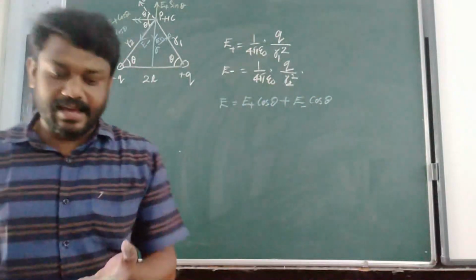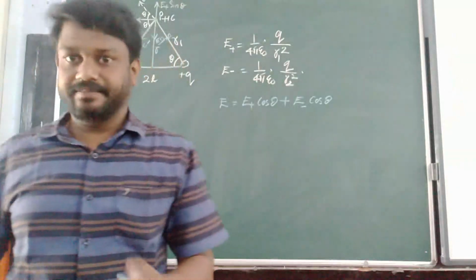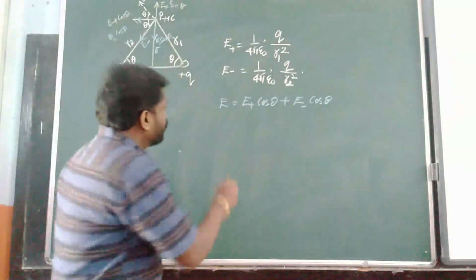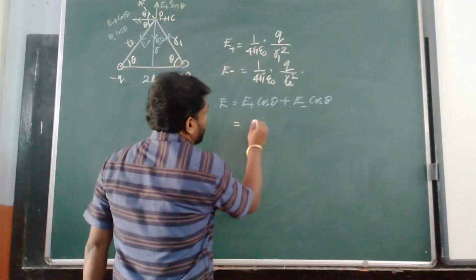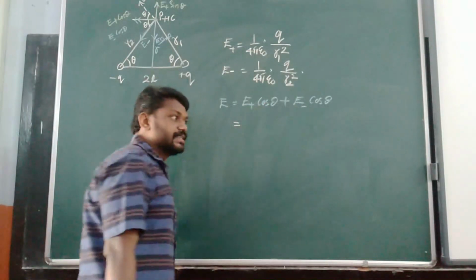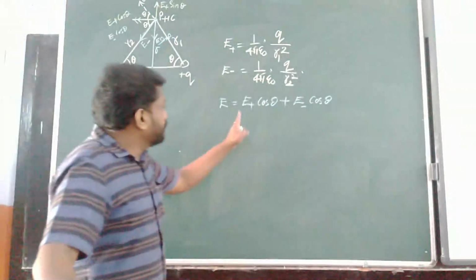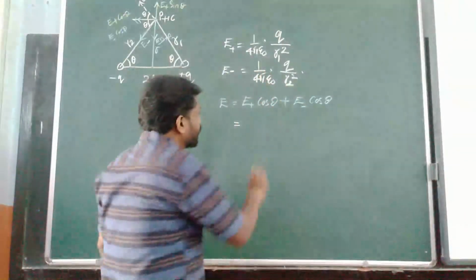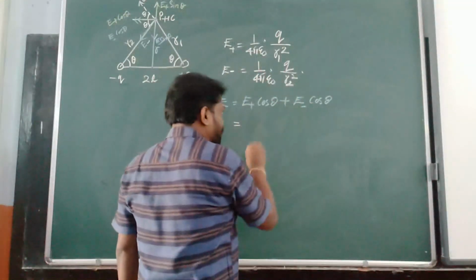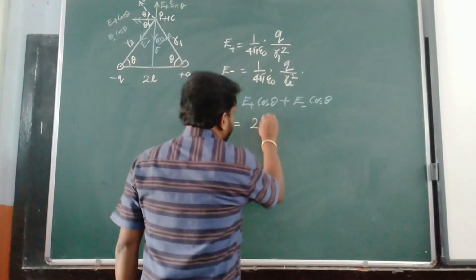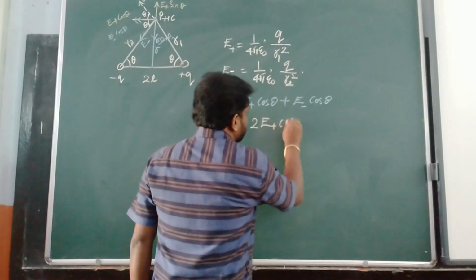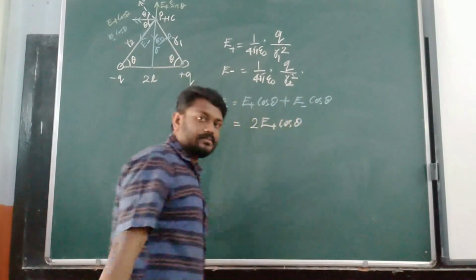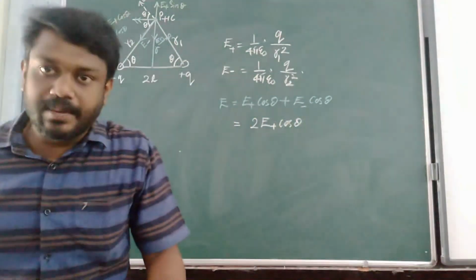Since E plus and E minus have the same magnitude, the value of cos theta is also the same, so we can take either E plus or E minus out. That becomes 2E plus cos theta.